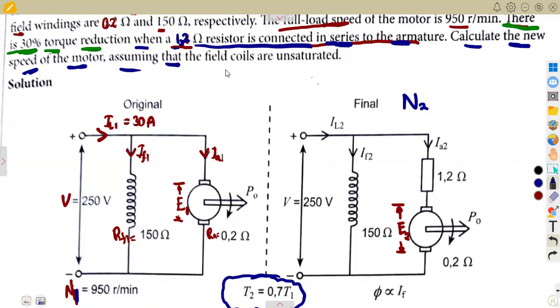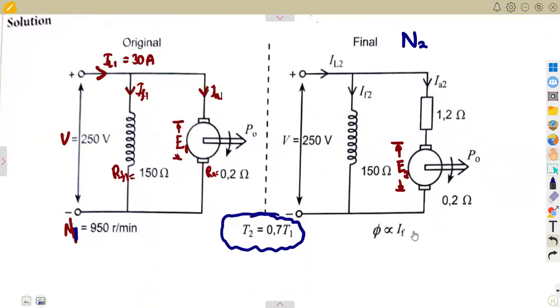Assuming that the field coils are unsaturated, meaning in this condition we're just going to consider our flux to be proportional to the field current.